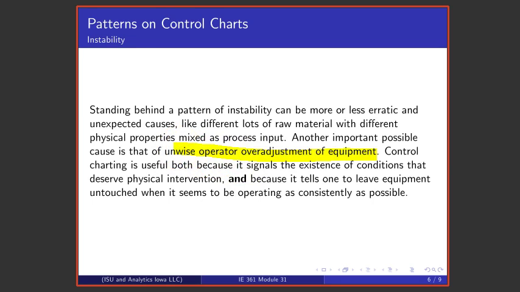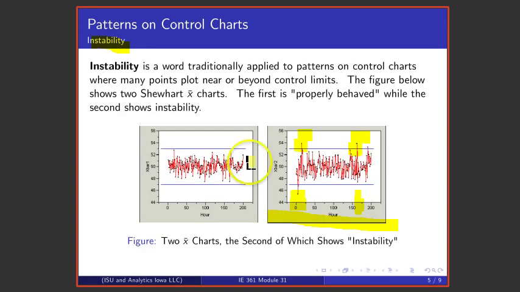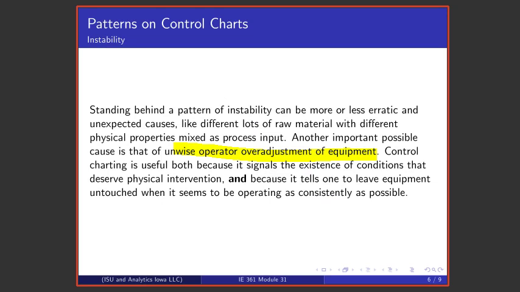Control charting is useful not only to tell one when something unusual has happened, but to give one reason to leave a process alone when there's no evidence of process change. One can make a process that looks like that start to look like one that looks like this simply by tinkering. If a measurement's a little high, then adjusting down. If a measurement's a little low, adjusting up, and pretty soon one has increased the amount of variation by over-adjustment. So a useful word is instability.